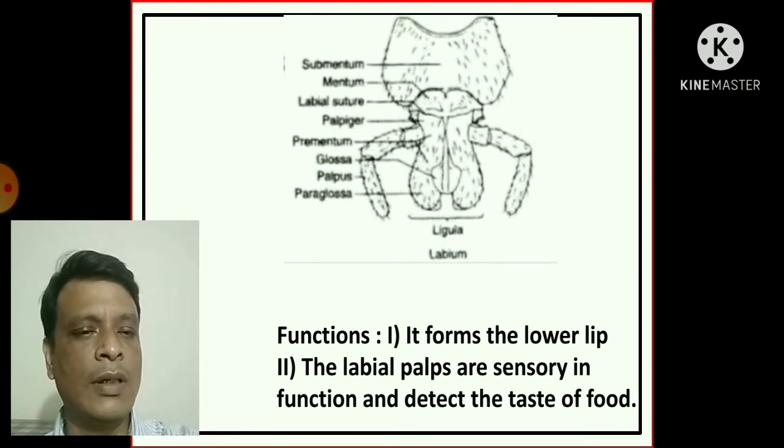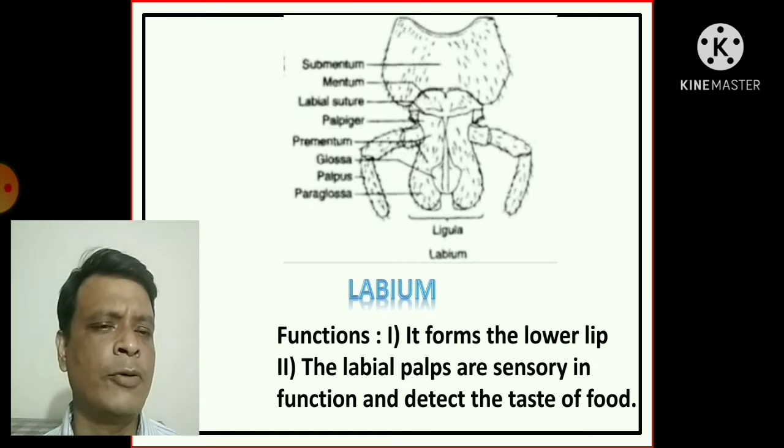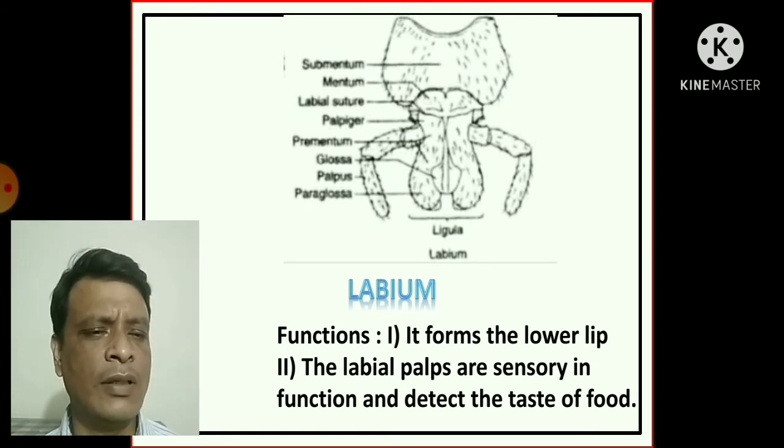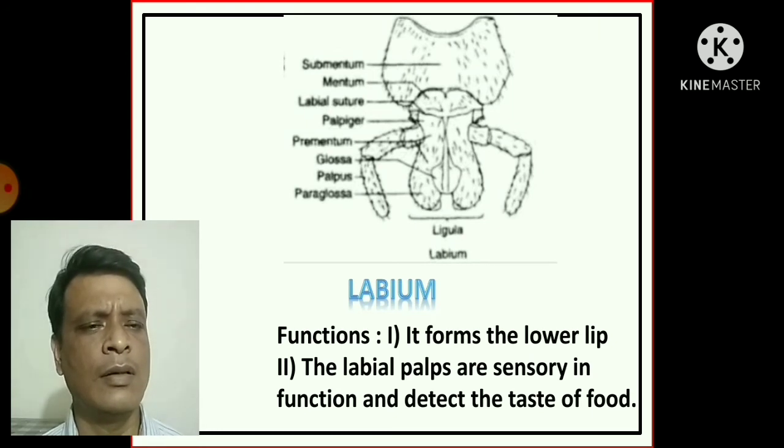And now the labium. This is a very important mouth part found in the grasshopper. The labium is single, and it is found on the lower side of the mouth.